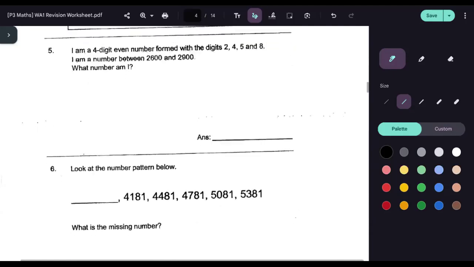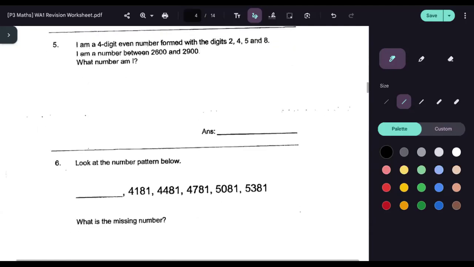Alright, next one. I am a 4-digit even number formed with the digits 2, 4, 5, 8. I'm a number between 2600 and 2900. This already tells you that the first number must be 2. Because it's between 2600 and 2900, it must be 8 in front, because 4 cannot and 2 cannot.